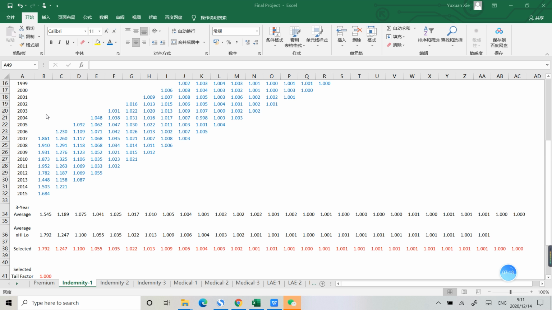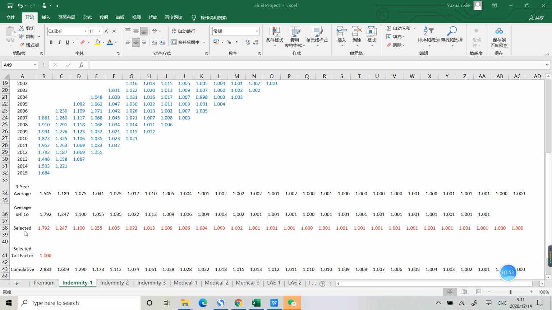For example, for column 1, we should exclude 1.952 and 1.448 and divide by 7. So we can calculate the answer, which is 1.792.